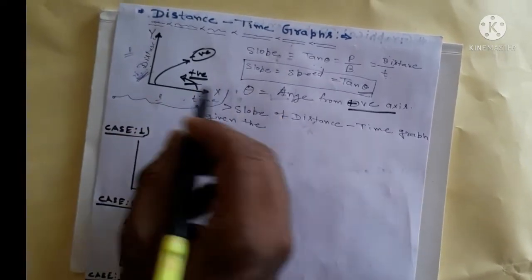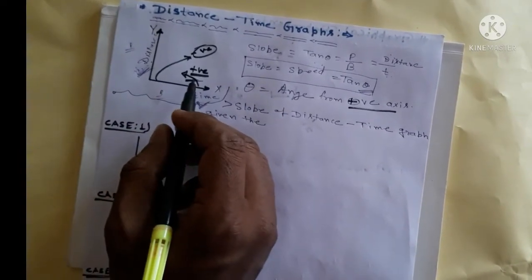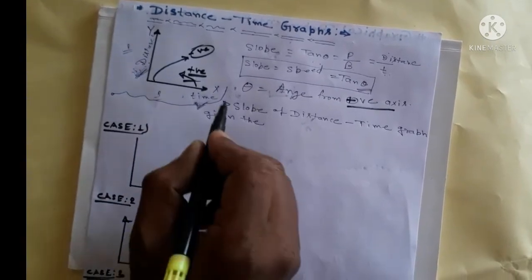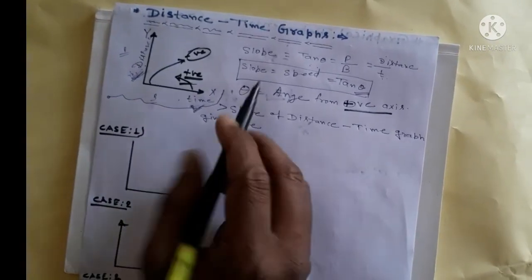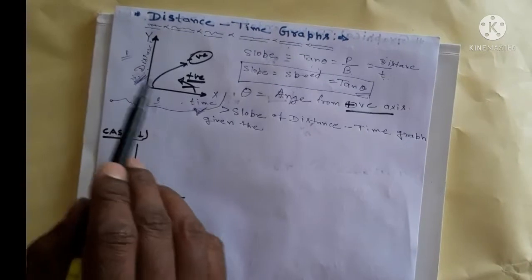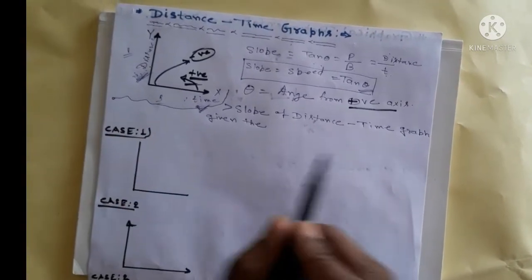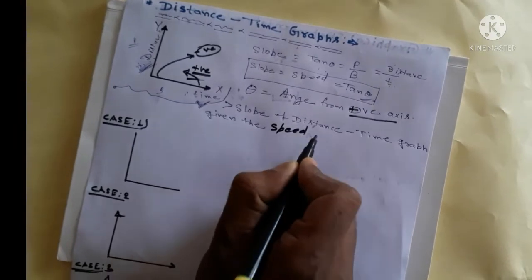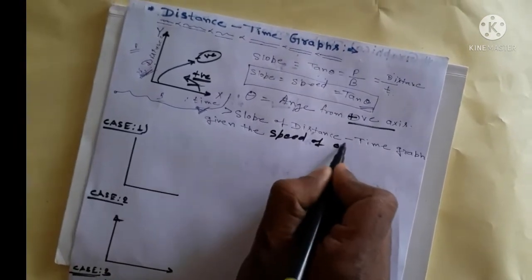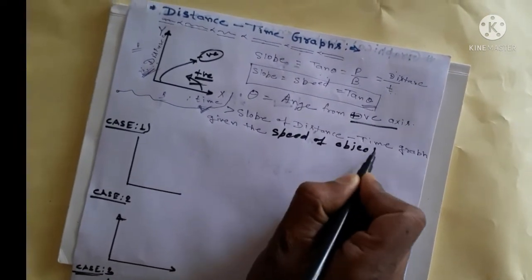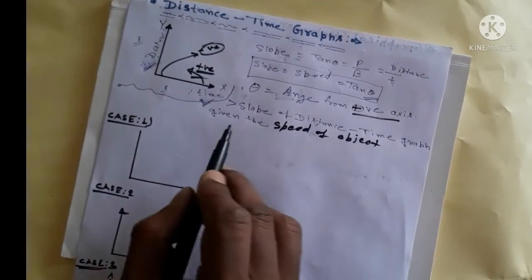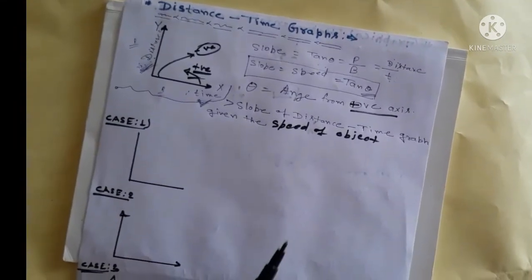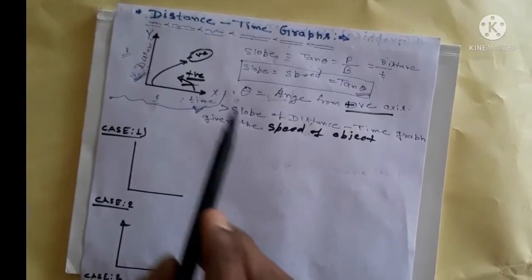So theta is taken from the positive axis. So the slope of the distance and time graph gives the speed of the object.